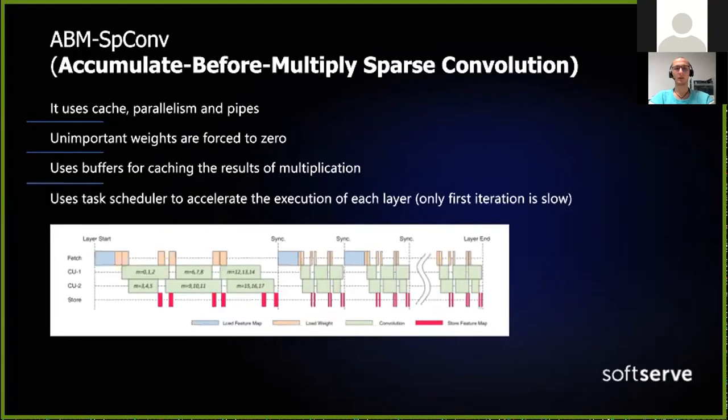And they found that it is possible to separate these operations, to multiply all needed numbers, and then add them. What is more, they use on-chip memory to cache the results of multiplication.